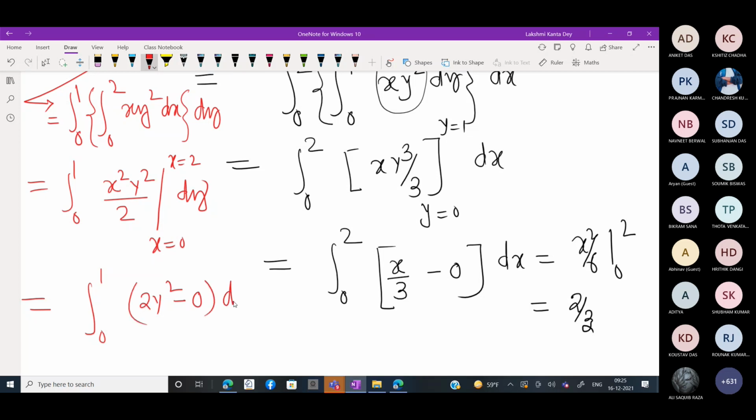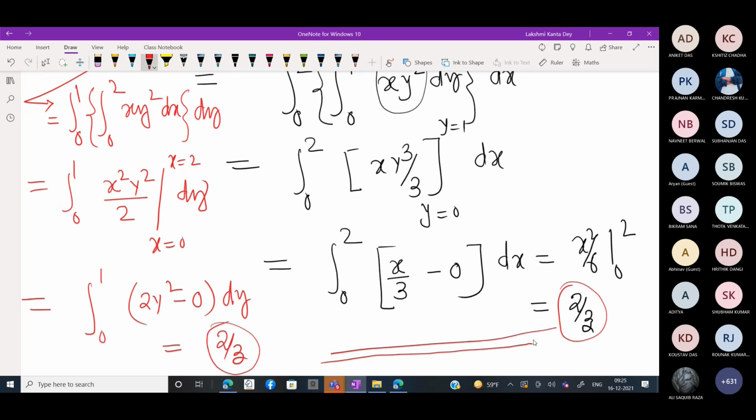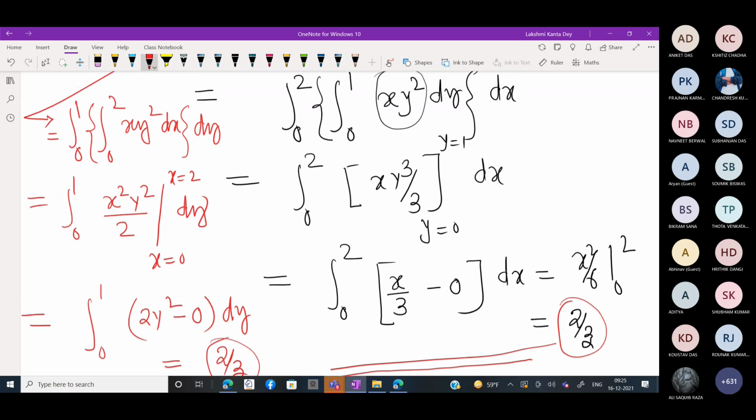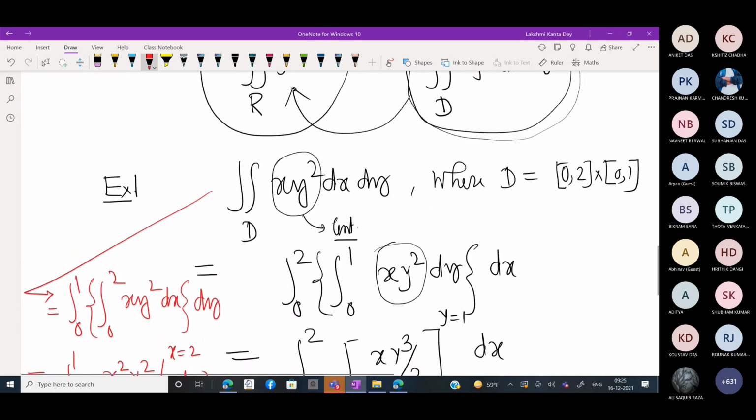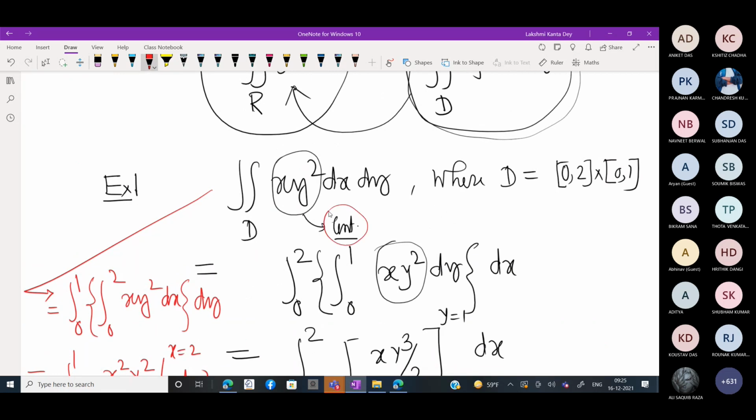This is y dy. That means 2 by 3 ultimately. So we expect the same answer here. These are the same in this case because the function is continuous. Because this is continuous, whatever order I write, we can find the double integration by means of its iterated integral.